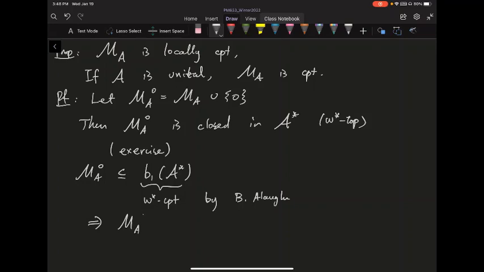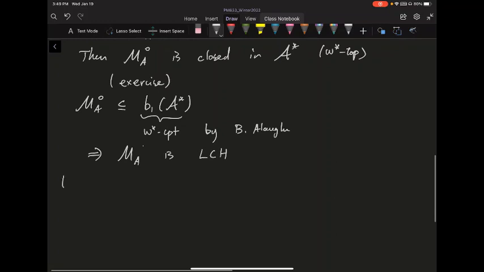You remove the 0, and you get something that's locally compact and Hausdorff. All right, so this finishes the proof. You always have a locally compact topology on your maximal ideal space, inherited from the weak star topology.